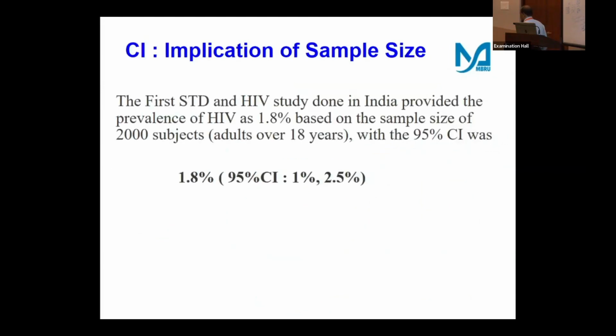This is the prevalence. So 1.8% in adults. For 18 to 45 year olds, the prevalence of HIV was 1.8%. Can I say this is the population parameter? If you take 100 individuals from Tamil Nadu who are adults, then the prevalence is 2%.